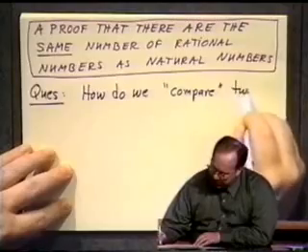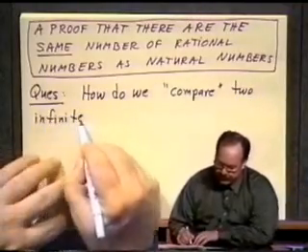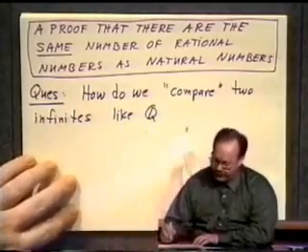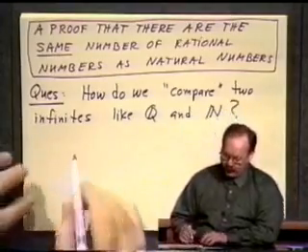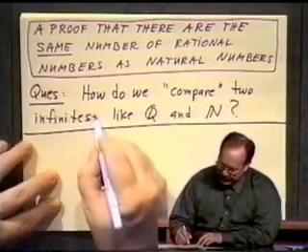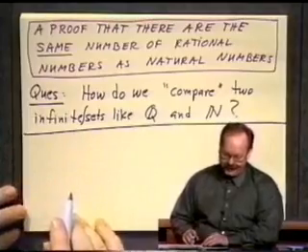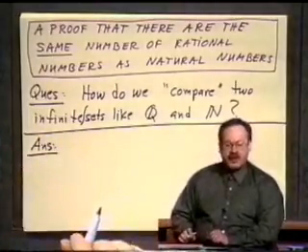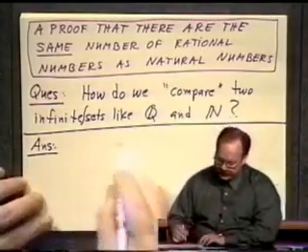So how do we compare two infinite sets like the set of rational numbers, which we've denoted by Q, and the set of natural numbers, which we've denoted by N, boldface N. Well, the answer is the following. We first ask the question, how do we do it for finite sets? And then we'll generalize that principle to infinite sets.